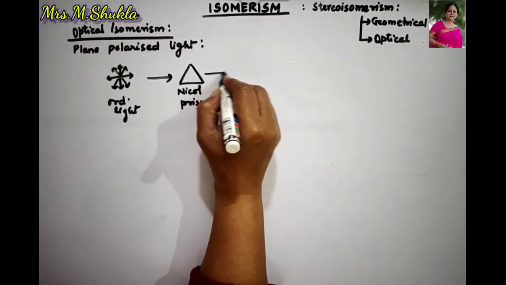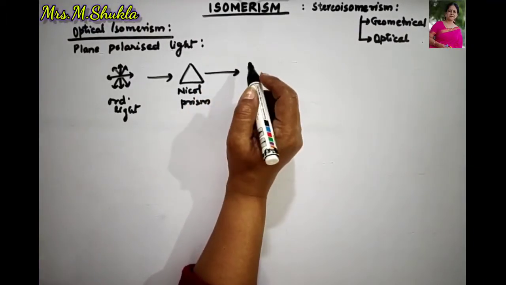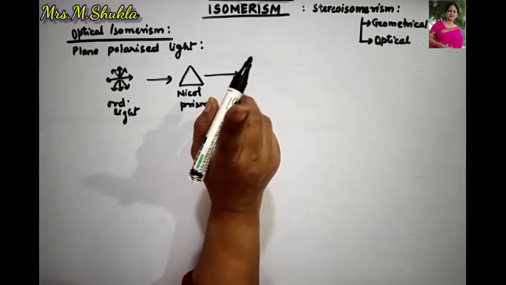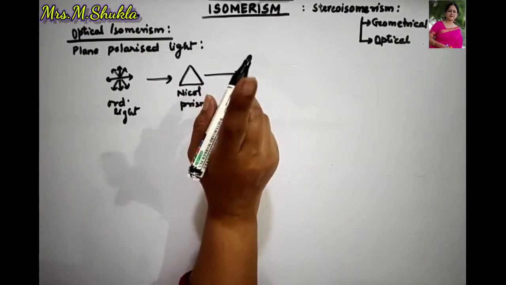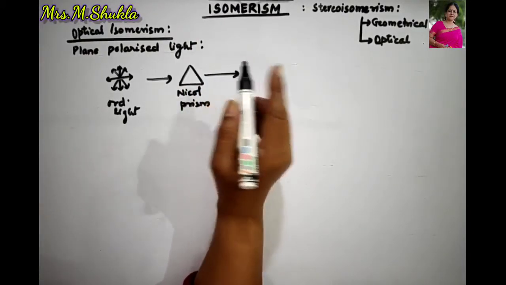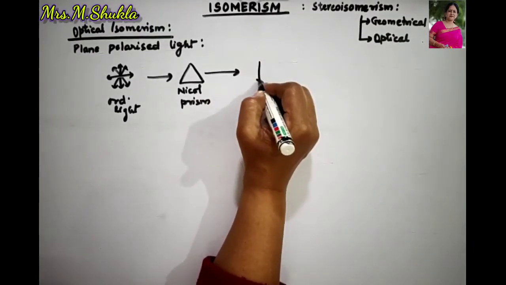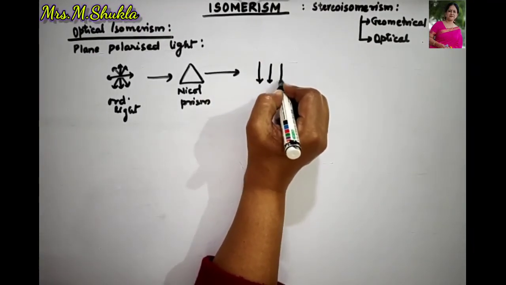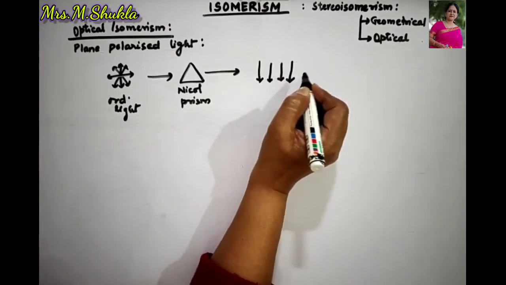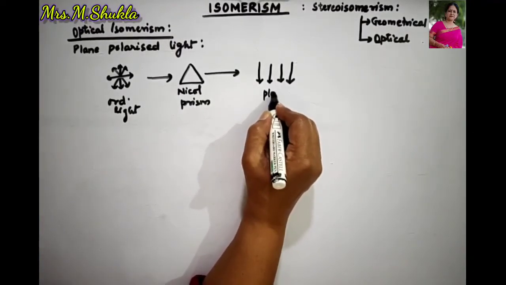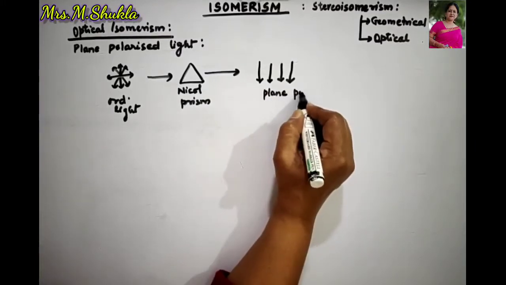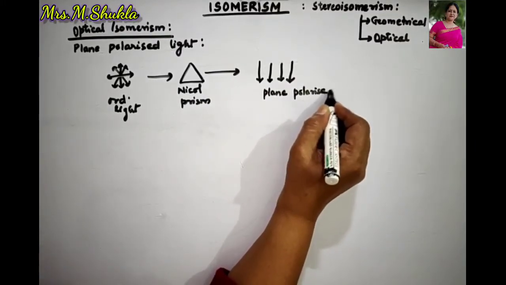Then the light which passes by, which one? All vibrations except the one in one particular direction are cut off, and the plane polarized light is obtained by total internal reflection. Is that clear? So this is called your plane polarized light.